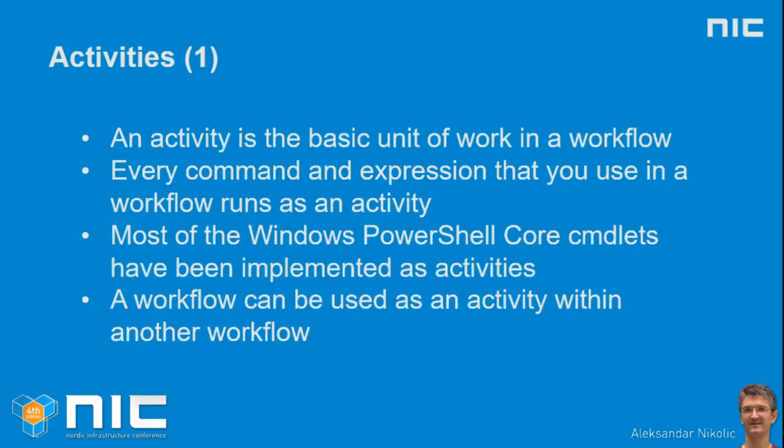But we cannot expect other PowerShell groups inside of Microsoft to do that as well, or other vendors. So if a cmdlet is not explicitly excluded from a list, it will run implicitly as a special activity that you will see a little bit later.